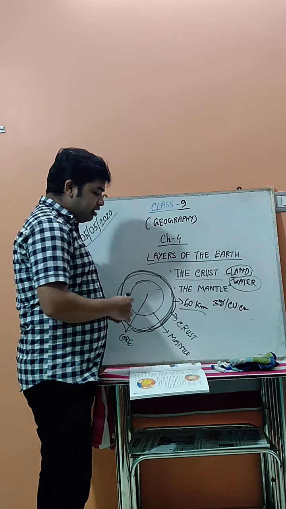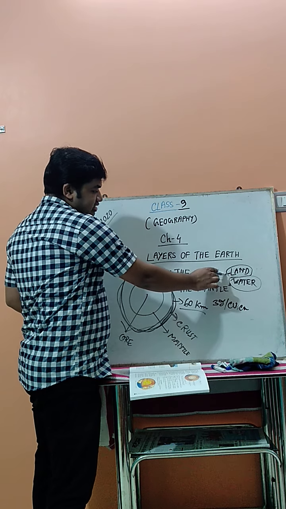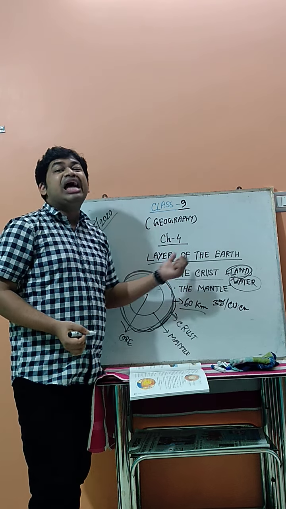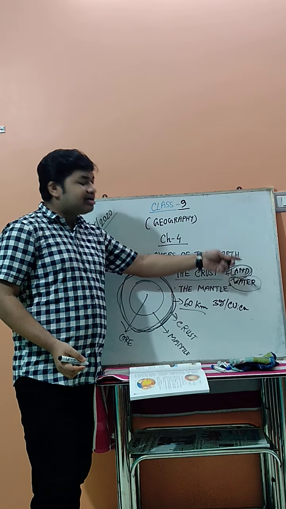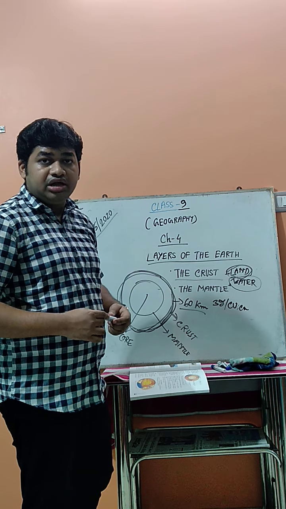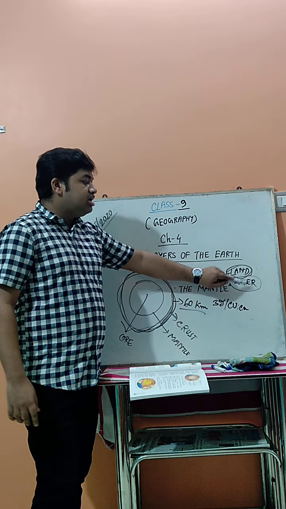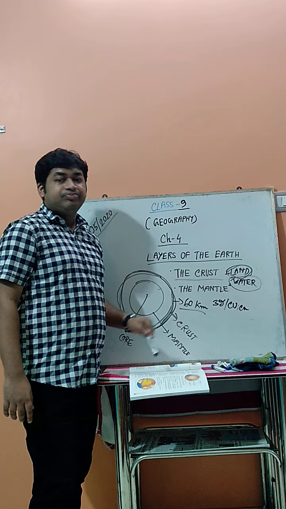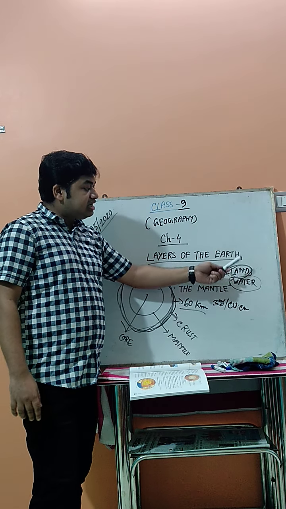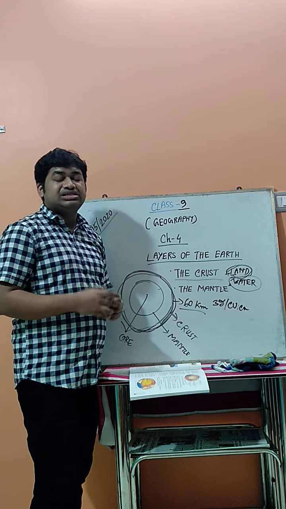The main thing is that the land masses, or the continental crust, are made of silica and aluminium. The continental crust is made of two minerals, silica and aluminium, and the oceanic crust is made of two minerals, silica and magnesium. That is why the land masses are called SIAL: silica means Si, plus Al, so it is called Sial.